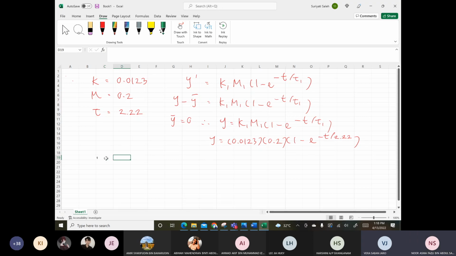So let's say here I put 0, equal to 0.0123 multiply with the 0.2 multiply with the (1 minus exponent negative t over 2.22). Okay, so I have this one. Let's say I put it here.